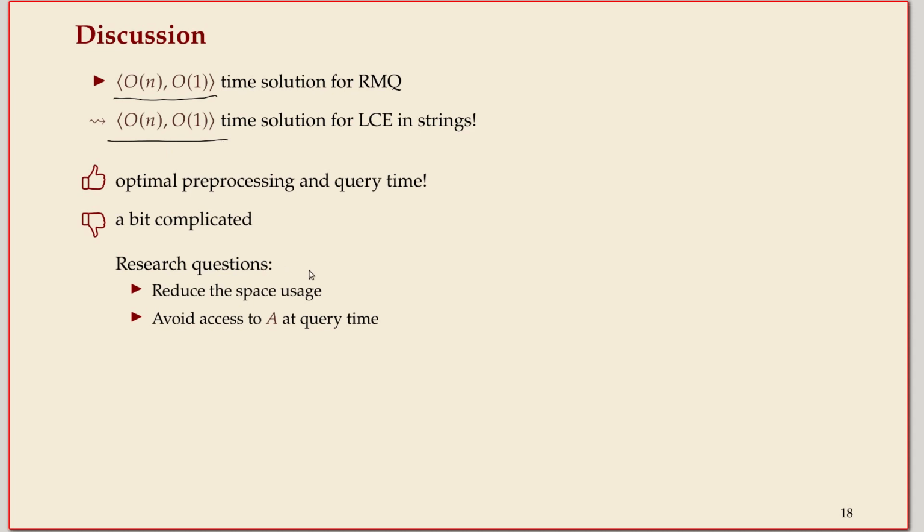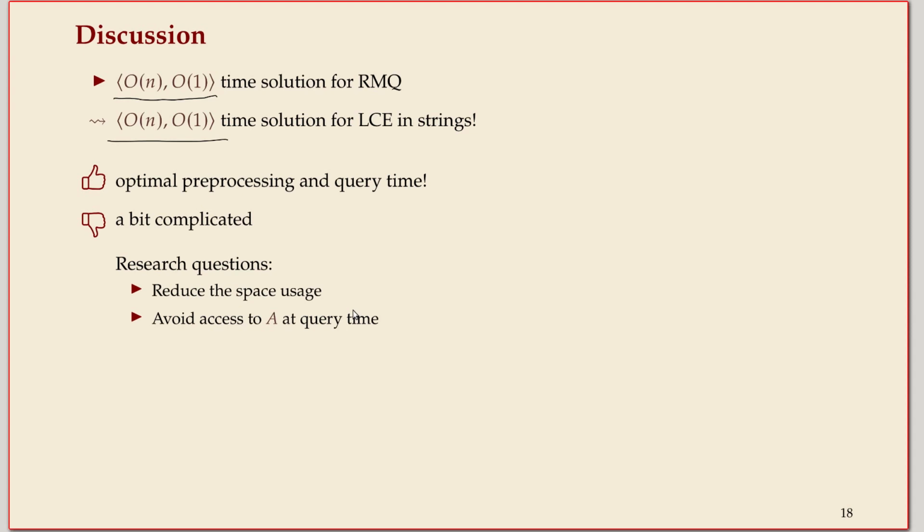It's also a topic that's dear to my heart because I worked on it for quite a while. And while the solution I presented to you now is not a very recent result, it's not from me also, but looking at how to reduce the space usage of these data structures is something I worked on.